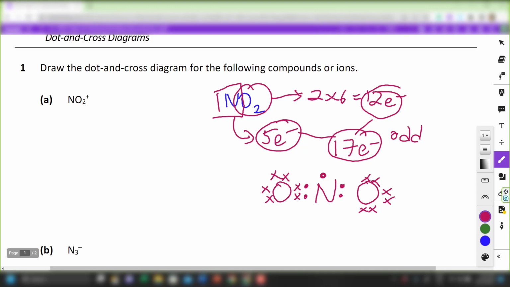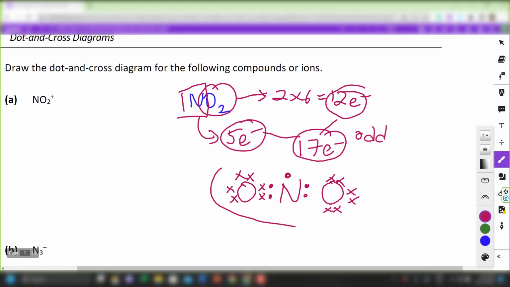In this case, nitrogen will have 7 electrons around it, and this is perfectly fine, because in all cases where given a choice, or when there's no choice, nitrogen will have 7 electrons around it. So NO2 ends up with this particular dot and cross diagram.